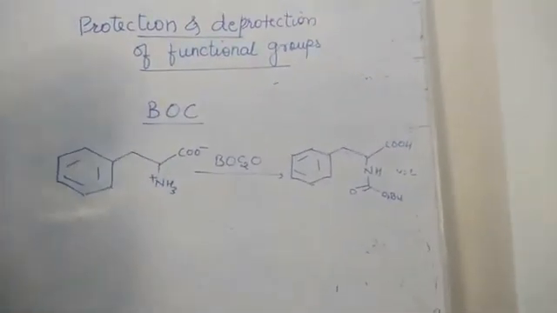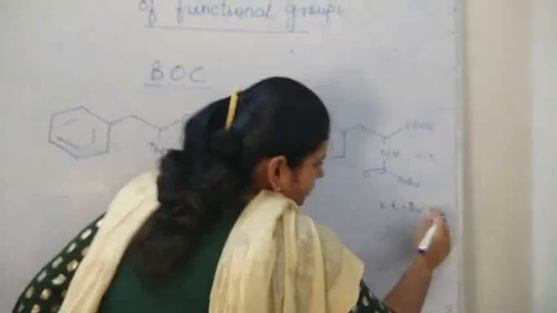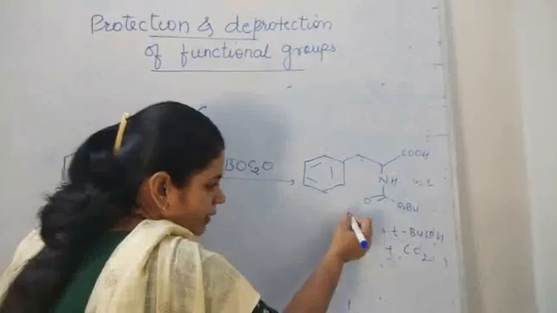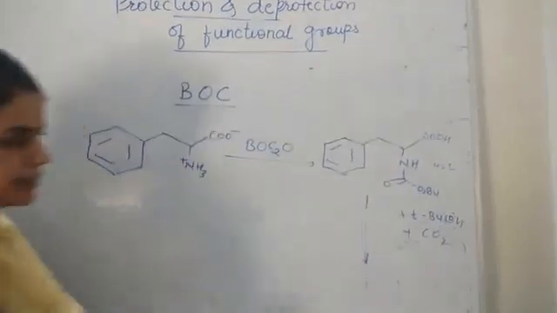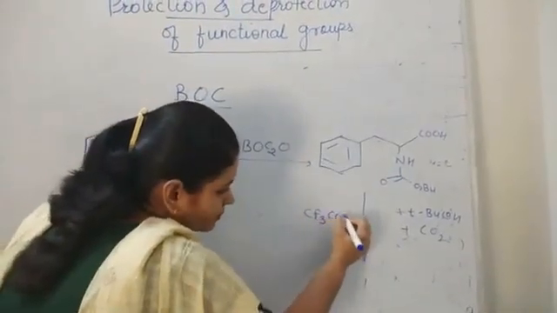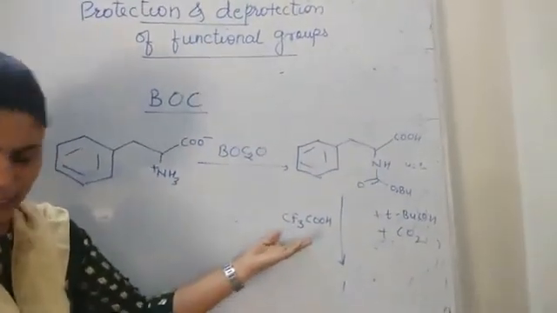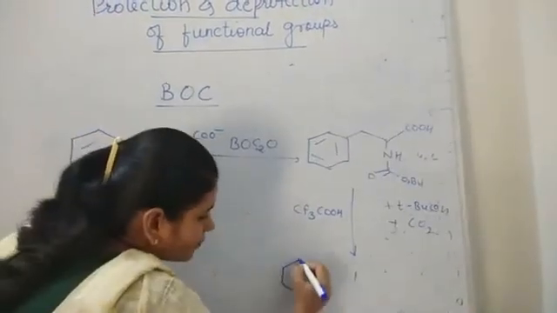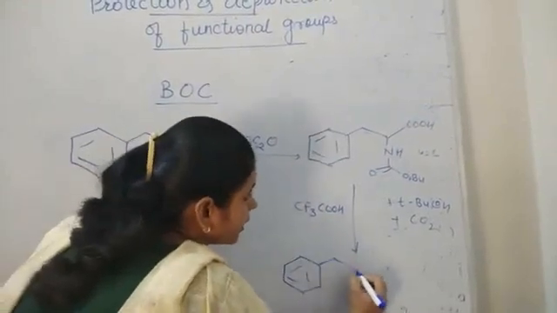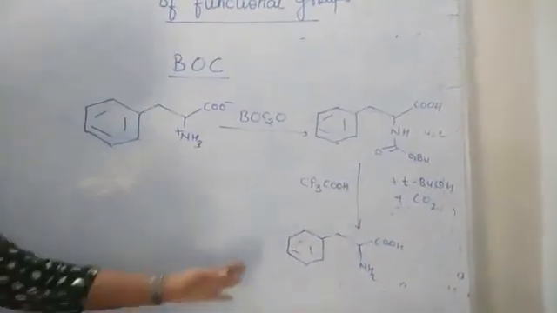And for the deprotection of this compound, we also get tertiary butyl alcohol, and CO2 is formed with this compound. We can deprotect this compound by using a strong acid. I already told that. Here we use a strong acid like trifluoroacetic acid, or AlCl3 also. After deprotection, your amino group is recovered and the desired compound is obtained.